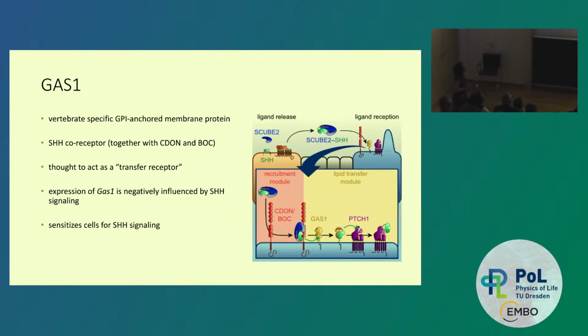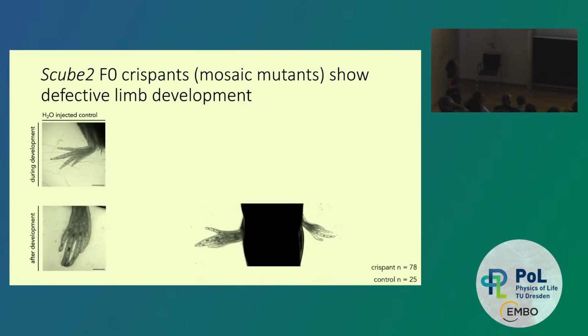Another possibility that we had considered was GAS1, which is a co-receptor. In some cases, it's also thought to be shed from the plasma membrane, and then sensitizes cells for sonic hedgehog signaling. So we've been making mutants for these kinds of factors.